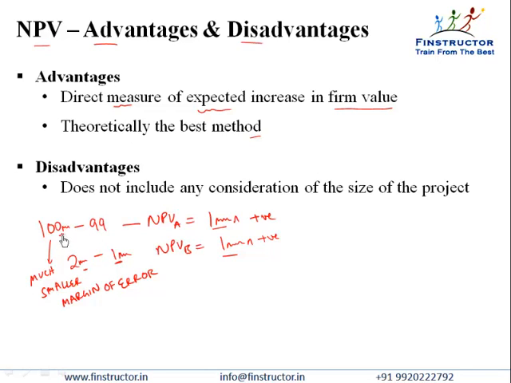Whereas in project A, a slight miscalculation or a slight overestimation would make this NPV negative and the project unviable for the company. So the NPV as a standalone measure does not give us this indication of the margin of error. And that is why we need assistance of the IRR and other measures to help us.